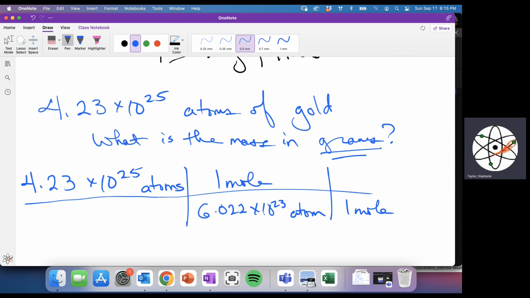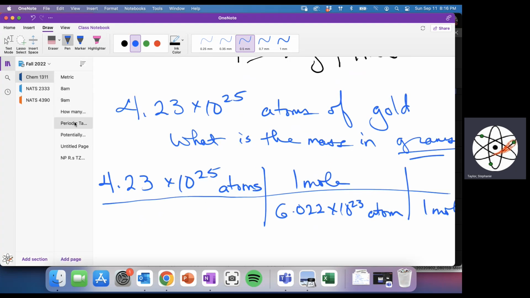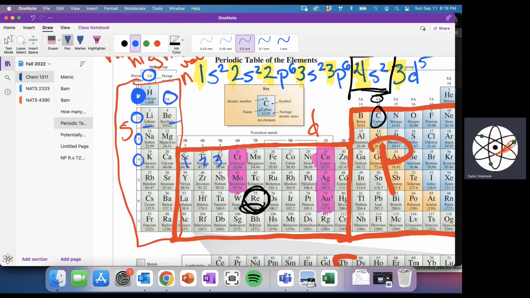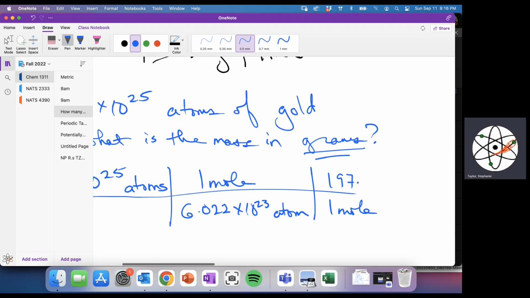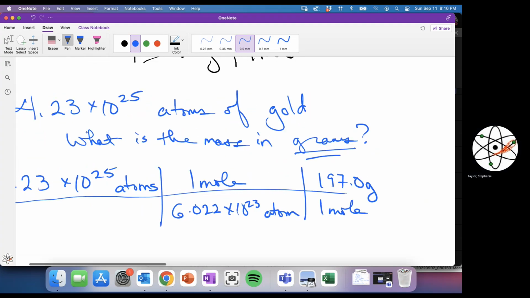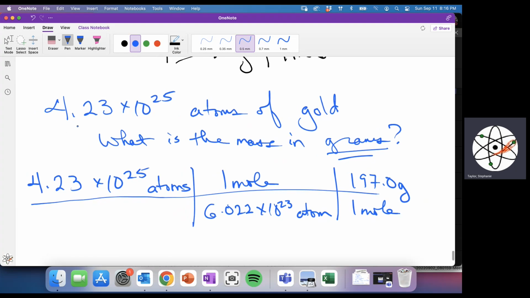And then in 1 mole, I'm going to look on the periodic table and find gold, just down here, 197.0. So now I can go ahead and multiply by everything across the top, divide by everything that's on the bottom.